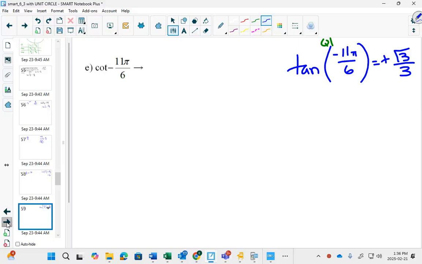So then cotangent will be the reciprocal. And I write them in both ways right now, just because if you got this question on multiple choice and you got root 3 over 3, but the multiple choice just had root 3, you would need to know how to switch back and forth between.